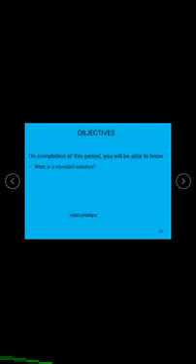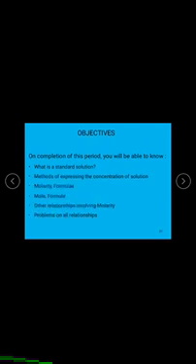Okay, next one is, what is a standard solution? A solution whose concentration is exactly known is called a standard solution.